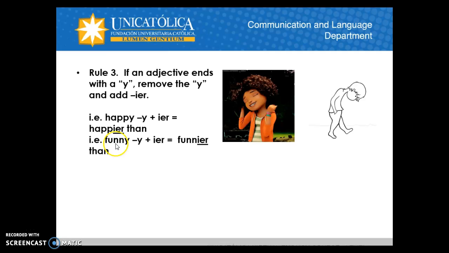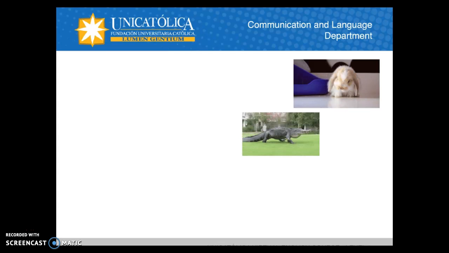Happier than, funnier than. Okay? So, according to the pictures, the girl is happier than the boy.